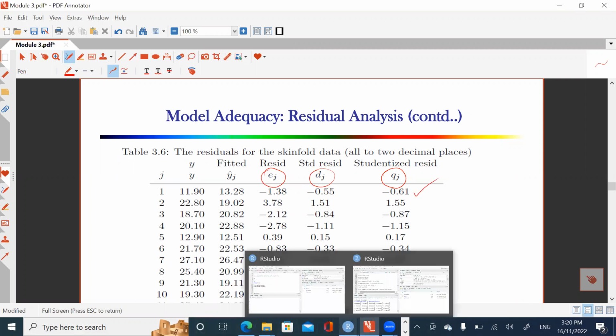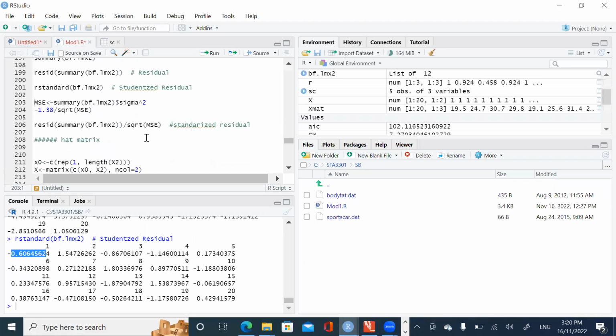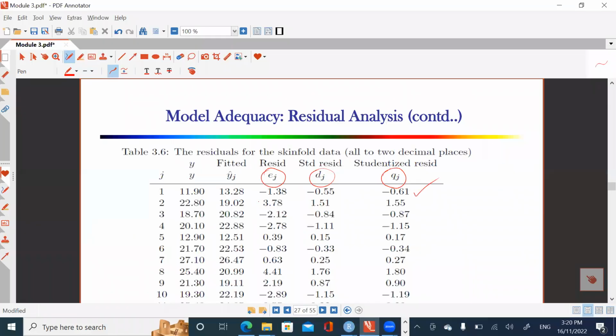And look at how we get the d_j. This is the standardized residual. In this particular example, the first residual is negative 1.38.